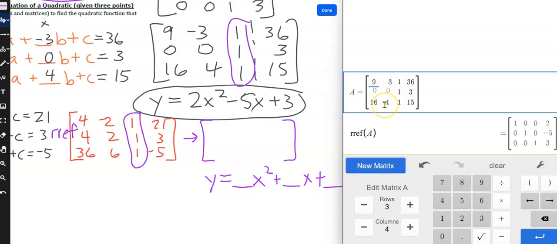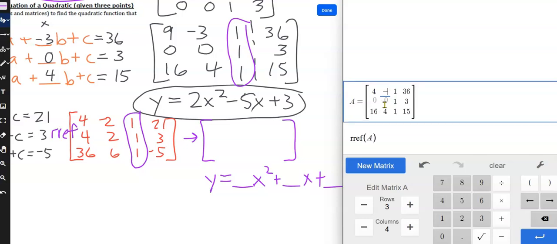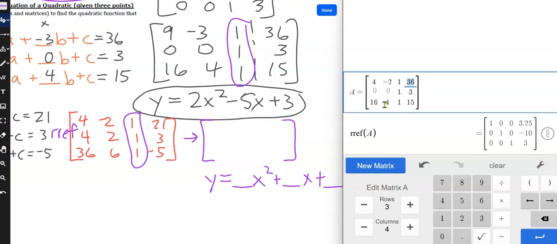So might as well come back up here and start typing. 4 tab negative 2 tab 1 tab 21 tab 4, 2, oops, not 5, 2, 1 and 3, shift tab, 36 tab 6.